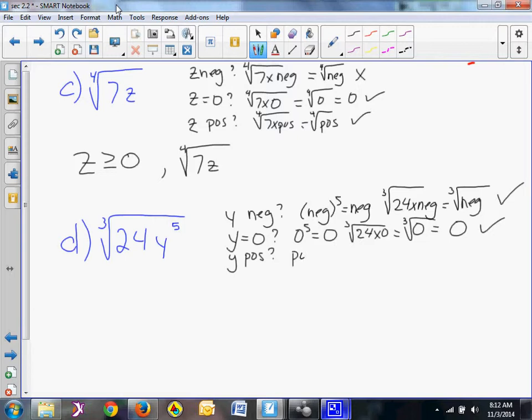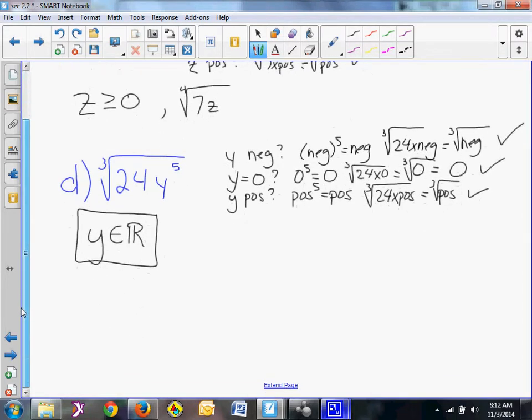A positive number to the power of 5 is positive. The 3rd root of 24 times a positive, again, since 24 is positive, a positive times a positive is positive. And we can take the 3rd root of a positive number. So since all 3 are true, y can be anything, basically, so it belongs to the real numbers.